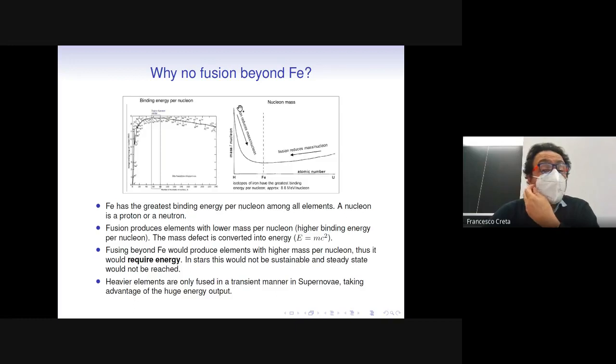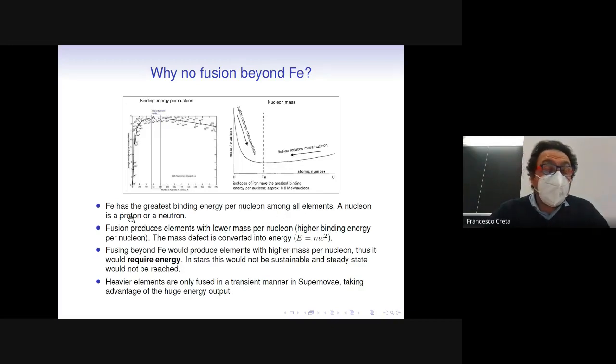The reason why you cannot go beyond iron is because in fusion, you're converting binding energy into essentially heat. Iron happens to have the greatest binding energy per nucleon among all of the elements.